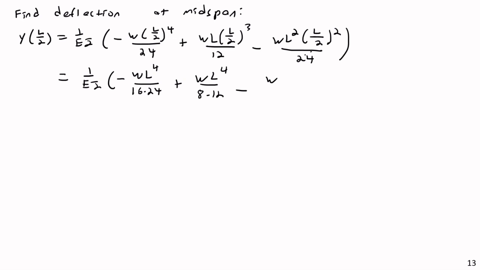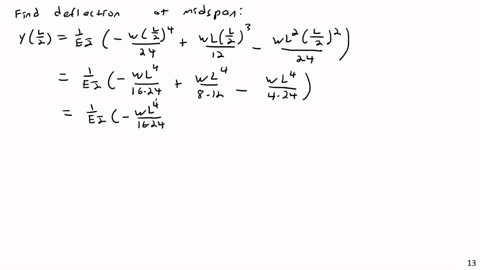Minus W, L squared times L squared, L to the 4th again, but then we'll get a 4 in the denominator, 4 times 24. And this then is 1 over EI times negative. Let's leave that at L to the 4th over 16 times 24 for now.